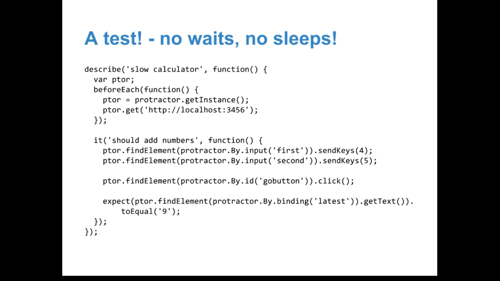And Protractor can be really smart about this because it knows that your Angular code has to finish before it should try to perform any action. So it waits for any HTTP requests or any timeouts to finish before it performs any action. And this helps reduce test flakiness and cleans up your tests a lot because you don't have wait or sleep statements anywhere in your code.